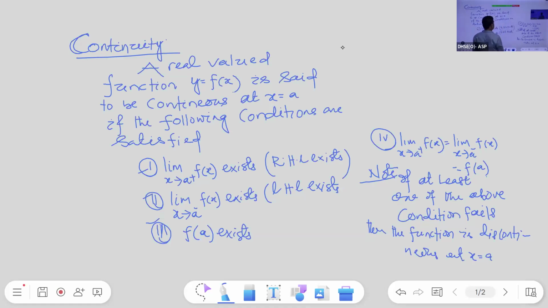Write in the chat box. Have you written down the contents of this page? Okay.